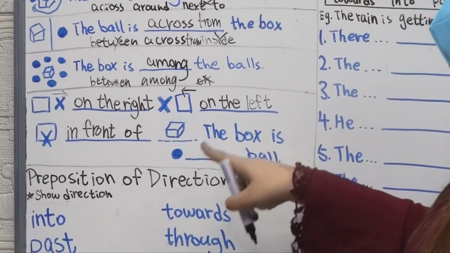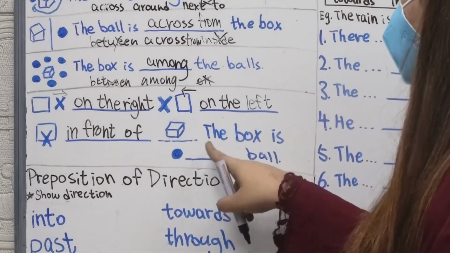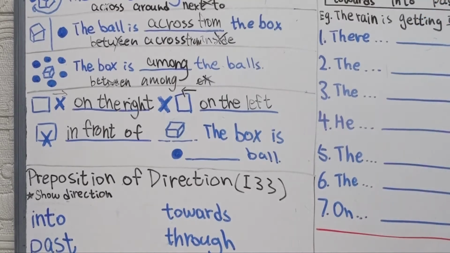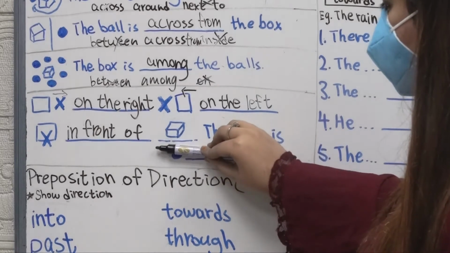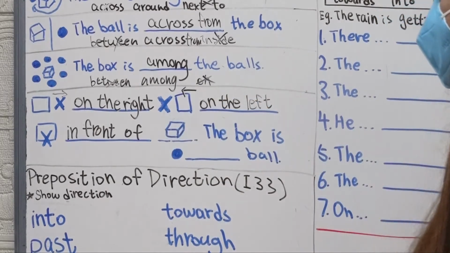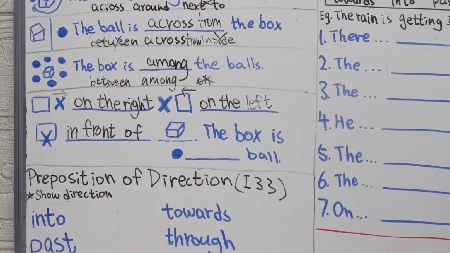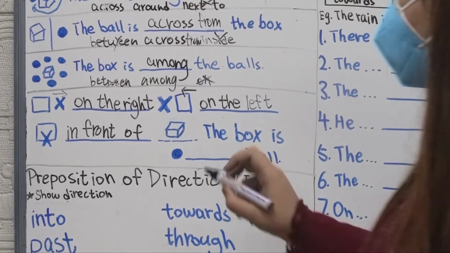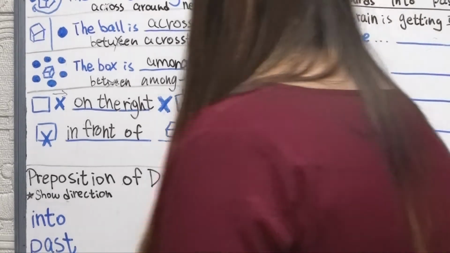Here. The box is what? The ball. So the ball is here, right? And the box is just here. Remember, what do we call that preposition? Opposite. Yes, opposite.